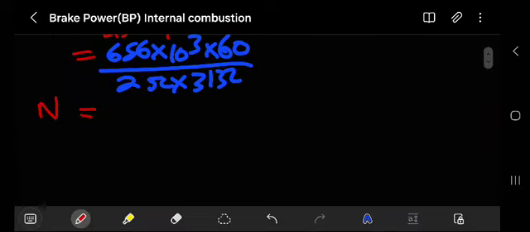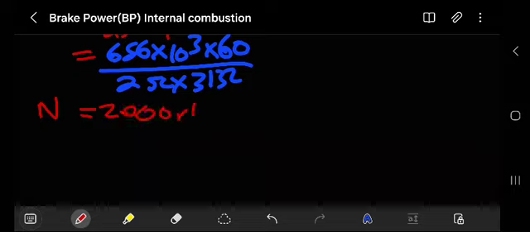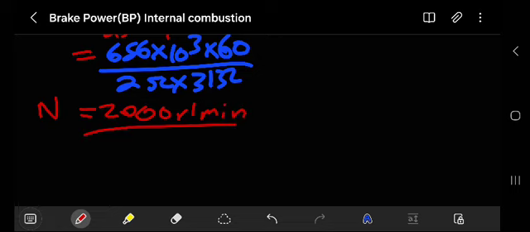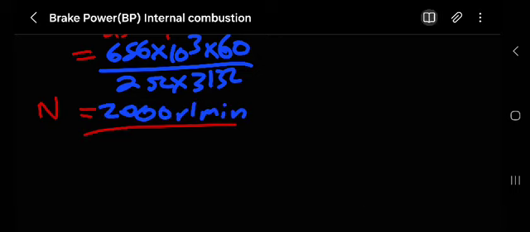Punching that, we get nicely 2000 revolutions per minute. That is what we'll have there.